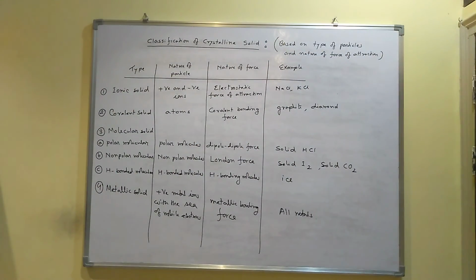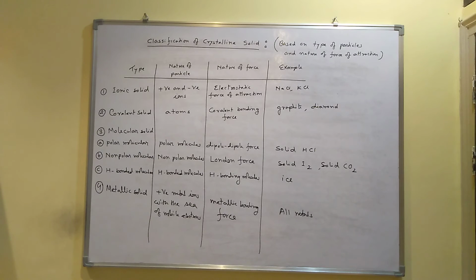Yes, ionic solid becomes a conductor when it is in aqueous solution. In solid state, it is an insulator. So the question may be asked like this: what type of solids are good conductors of heat and electricity? Then you have to write metallic solid. Don't write ionic solid, because in solid state ionic solids are insulators.